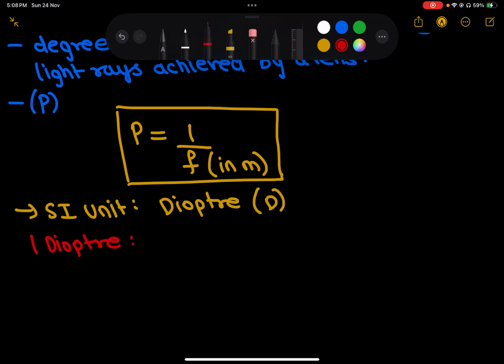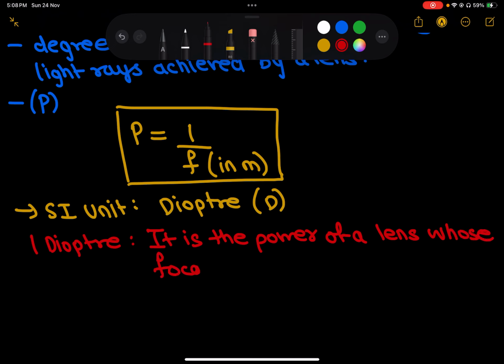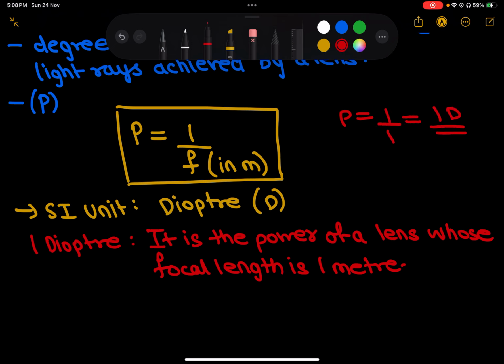One diopter is the power of a lens whose focal length is 1 meter. Very obvious, right? It is the power of a lens whose focal length is 1 meter, because here we'll get P is equal to 1 by 1, which is 1 diopter. So 1 diopter. Understood? Okay.